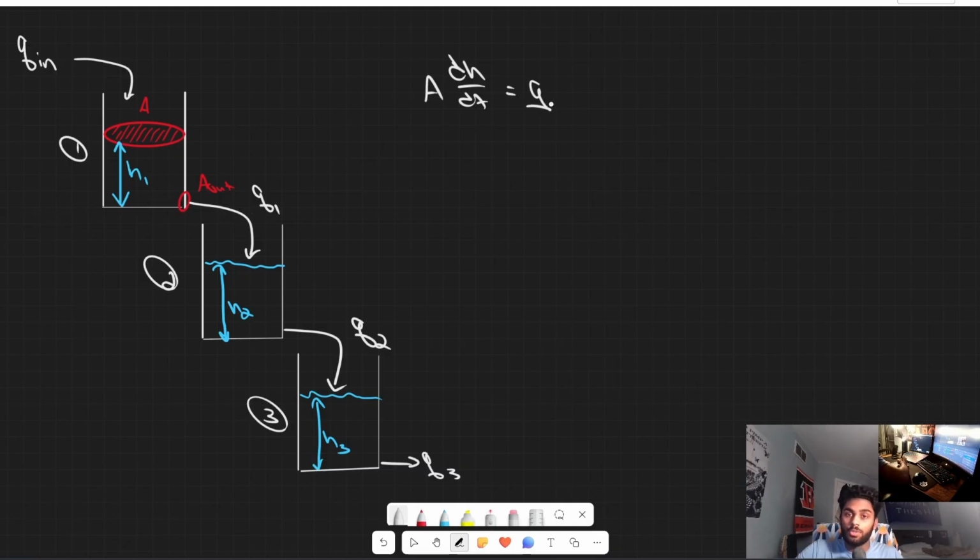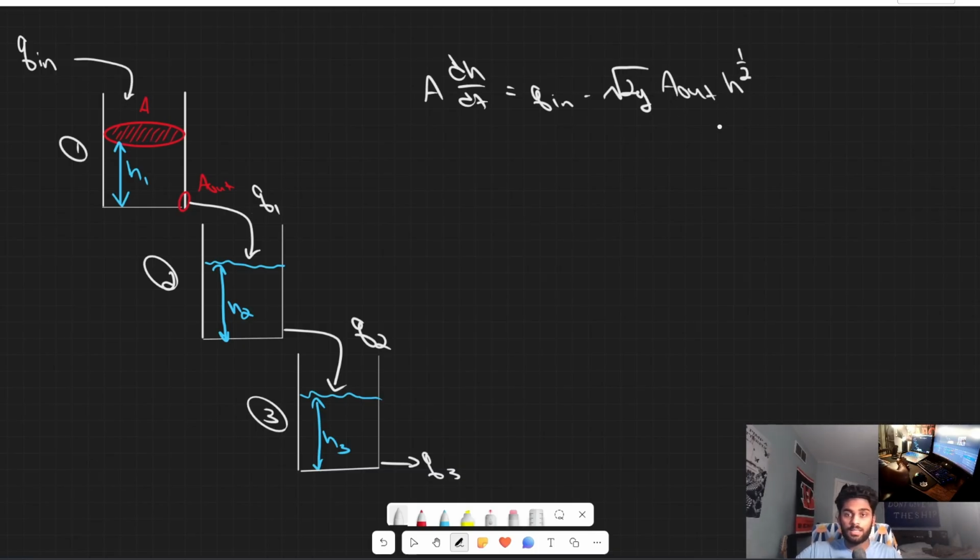And this is equal to our volumetric flow rate flowing into the first tank minus, by Bernoulli's equation, this relationship that describes the gravity effects of the draining: square root of 2g times the area of our outlet times our height to the 1/2.